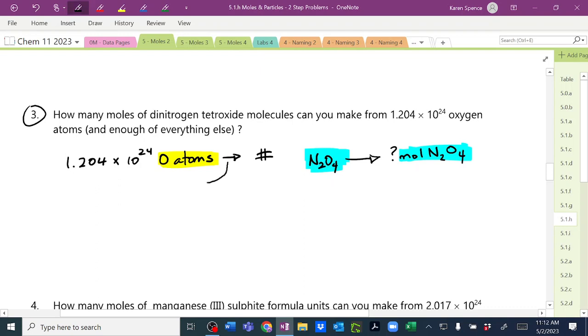What conversion factor will we use to go between the number of O atoms and the number of N2O4s? That's the particle ratio. Just look at your formula and count them up. And what conversion will I use to go between the number of N2O4 and the moles of N2O4? Avogadro's number.